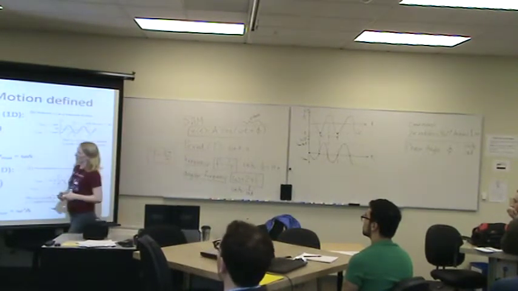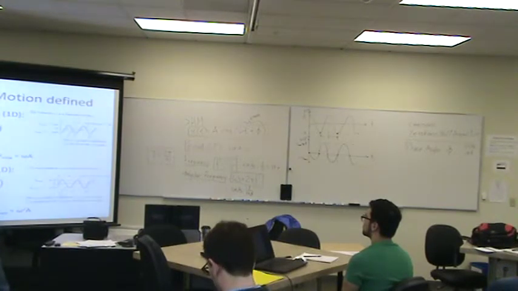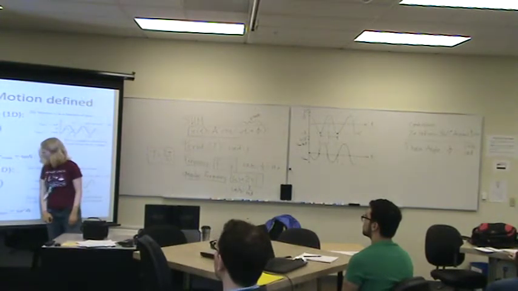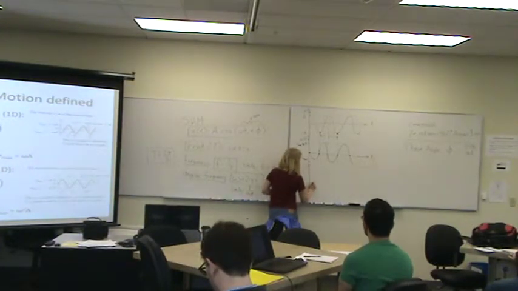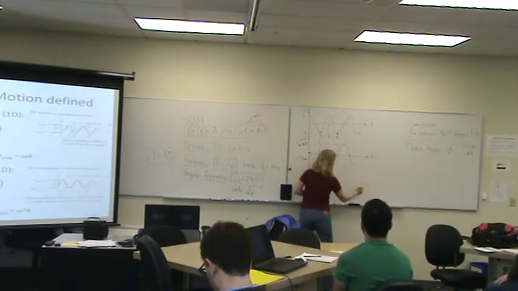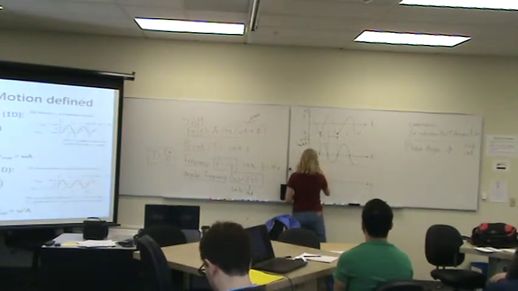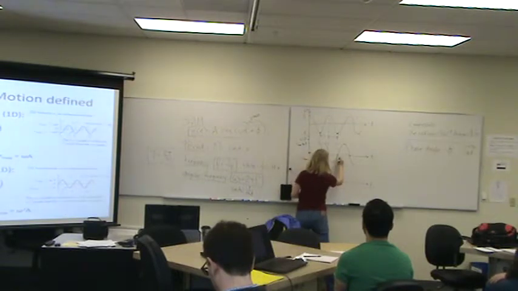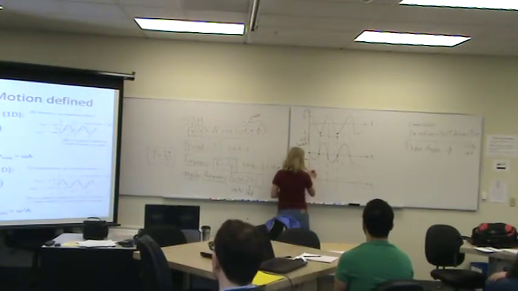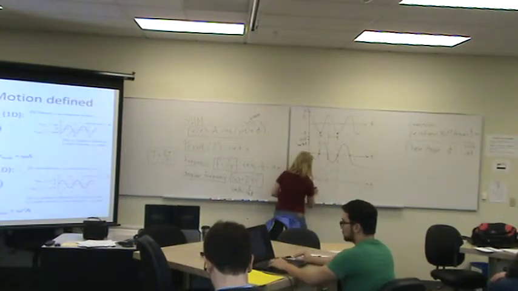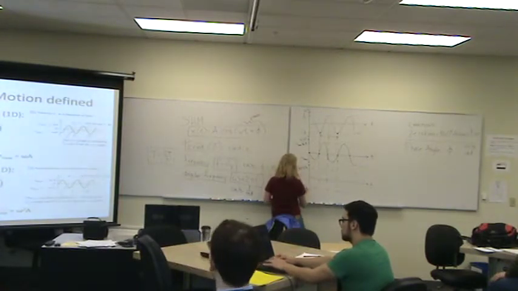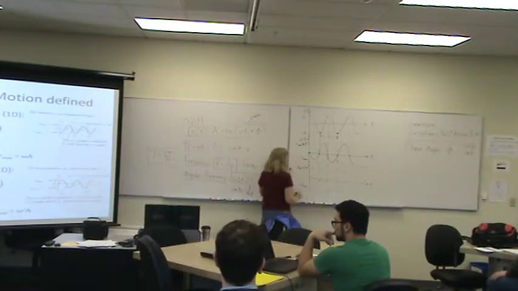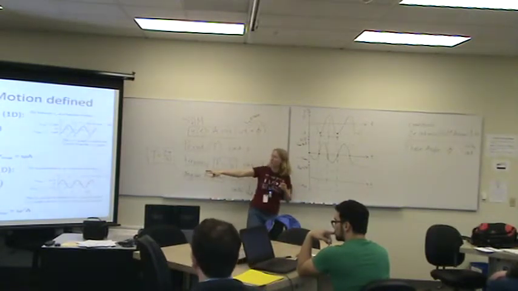So our maximum acceleration is omega squared times A. Okay, so I've got a negative cosine function.